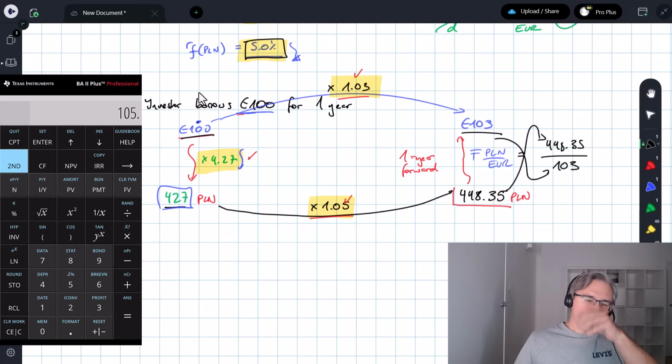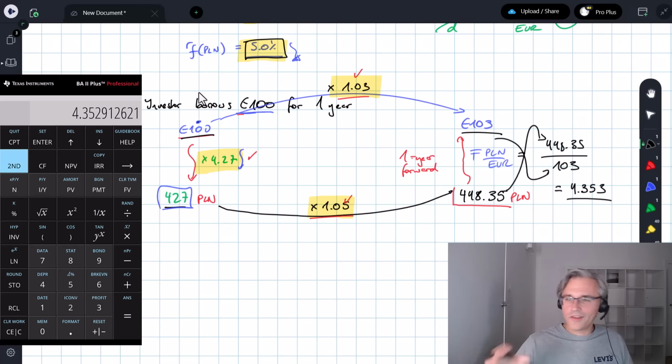So you should be able to lock in a rate which gives you exactly the amount of euros that you will need to pay off your original borrowing. That's more or less 4.353 or so.